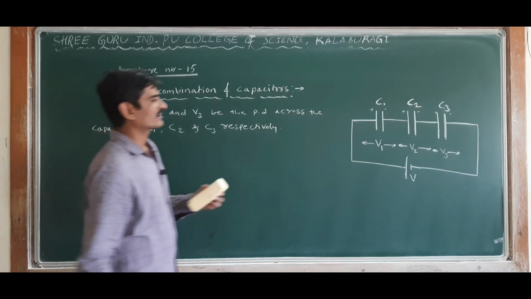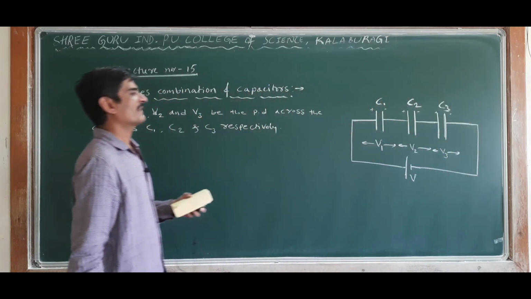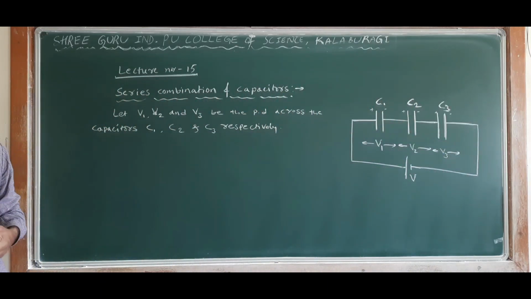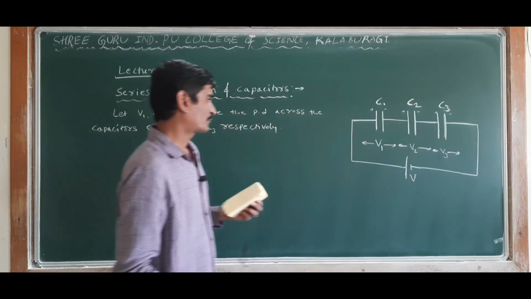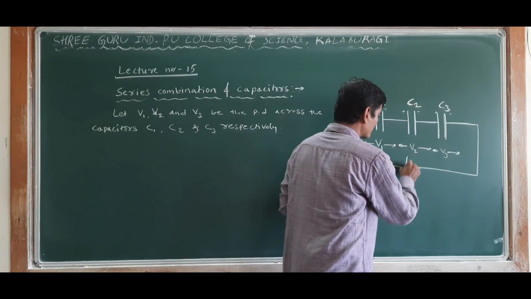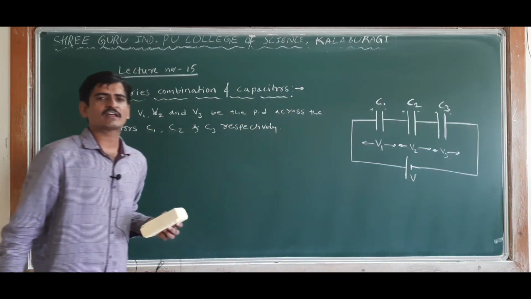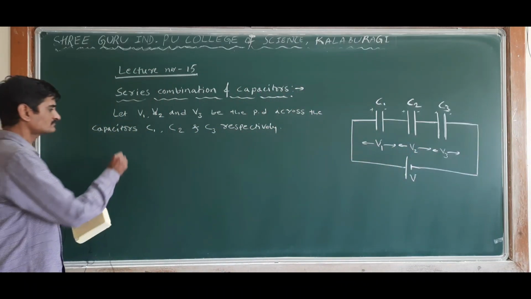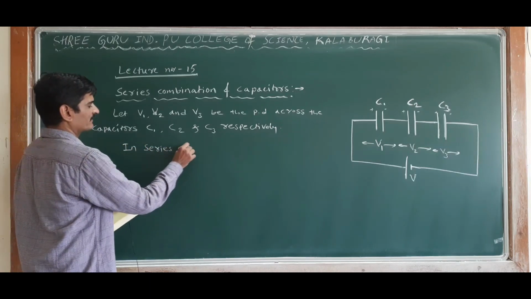When the capacitors are connected in series, the charge on each capacitor remains the same, and the total potential difference applied is equal to the sum of the potential differences across the individual capacitors.